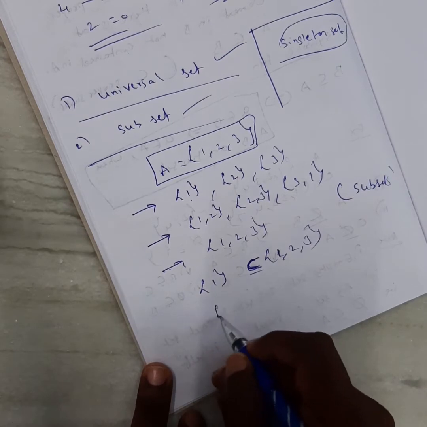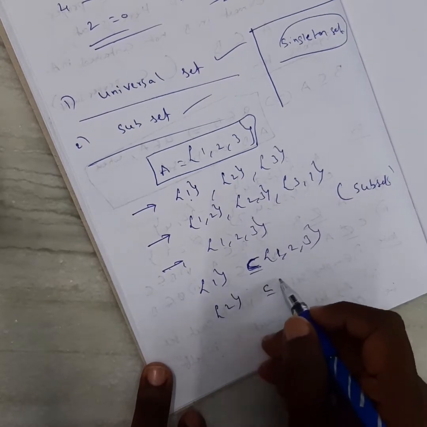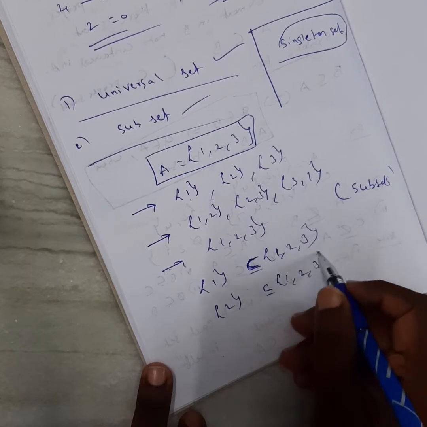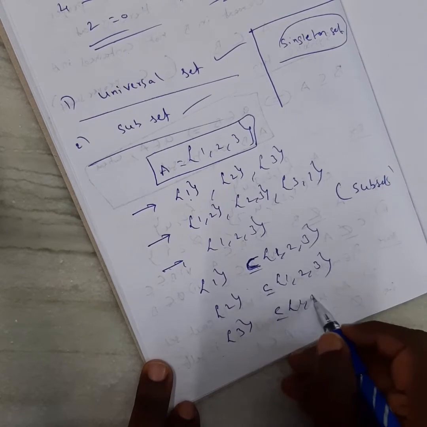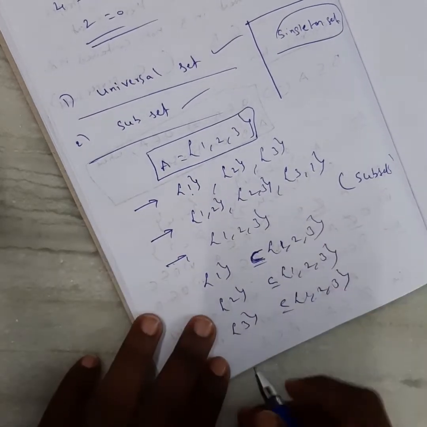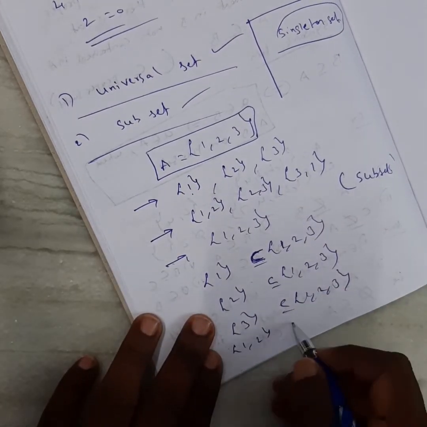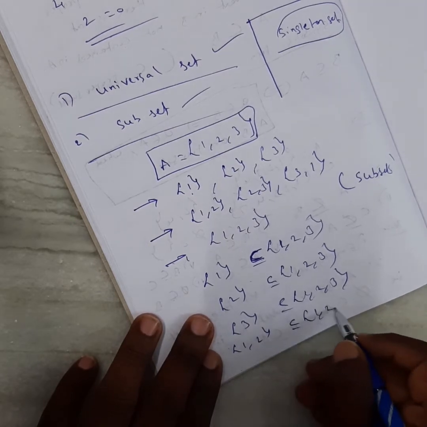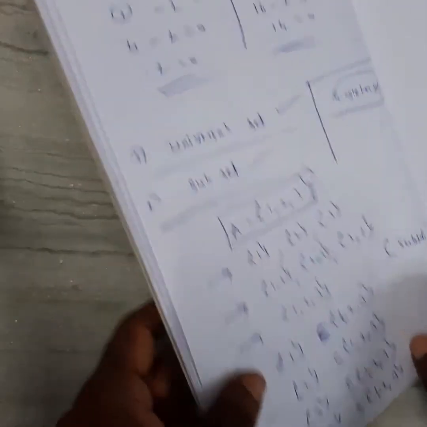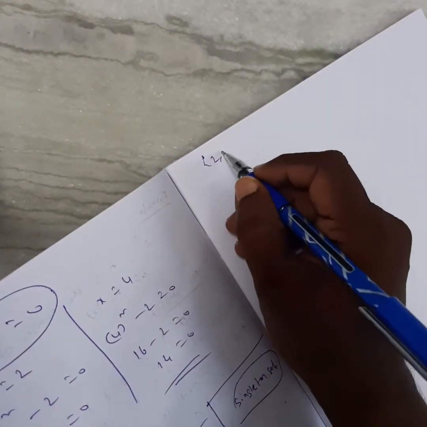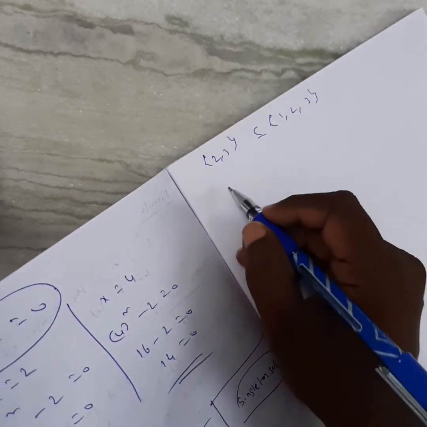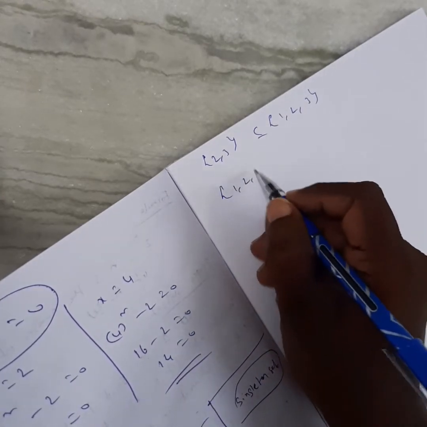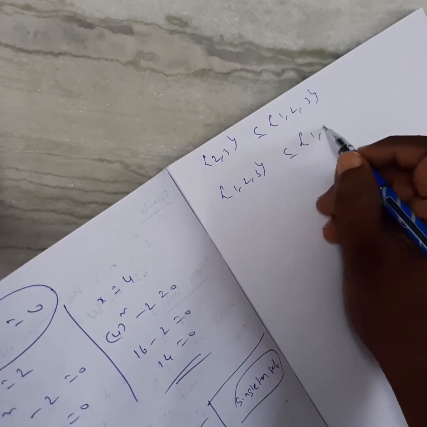Like that, {2} is also a subset of {1, 2, 3}. {3} is also a subset of {1, 2, 3}. {1, 2} is also a subset of {1, 2, 3}. {2, 3} is also a subset of {1, 2, 3}. And {1, 2, 3} is also a subset of {1, 2, 3}.